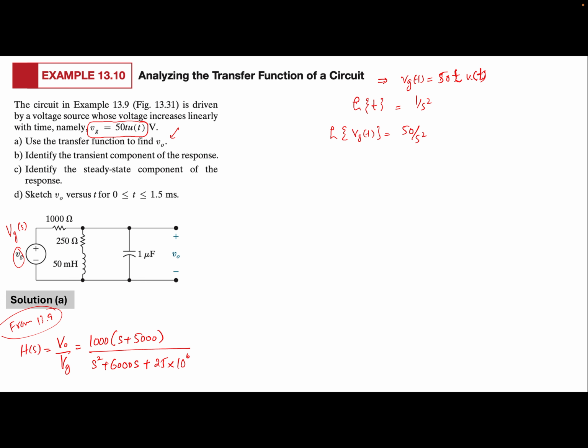Nice. What we want to do now is, I got this Laplace transform, this is capital VG of s. So I'm going to replace this capital VG back into this equation to find V naught.